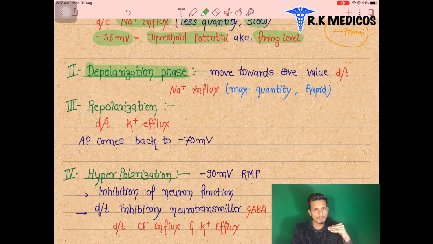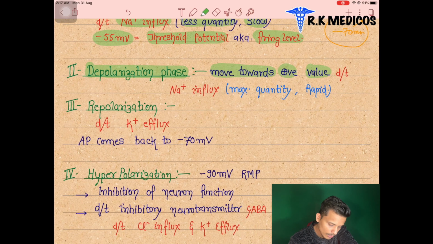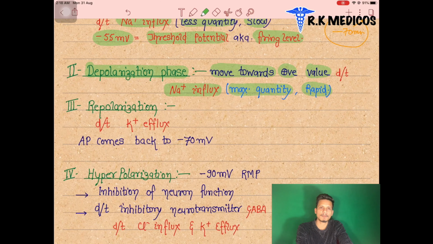After attaining minus 55 millivolt, the cell will fire at a very high velocity, and we can see it moving towards the positive value very fast. This is due to the very rapid sodium influx: the maximum quantity of sodium is coming inside, and that's why depolarization happens and the cell is depolarized.